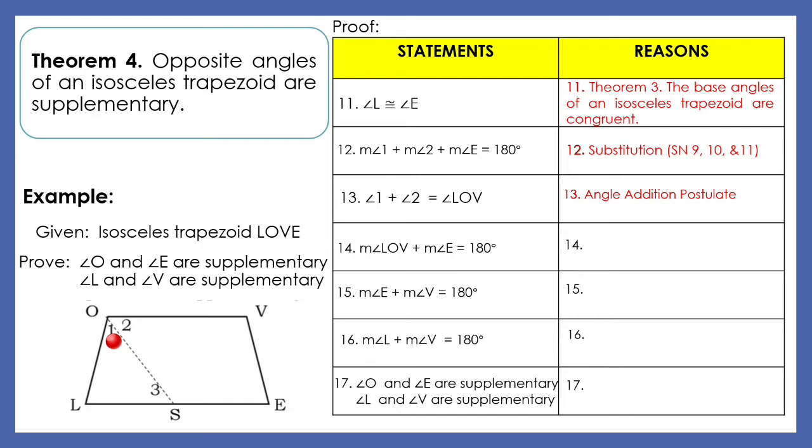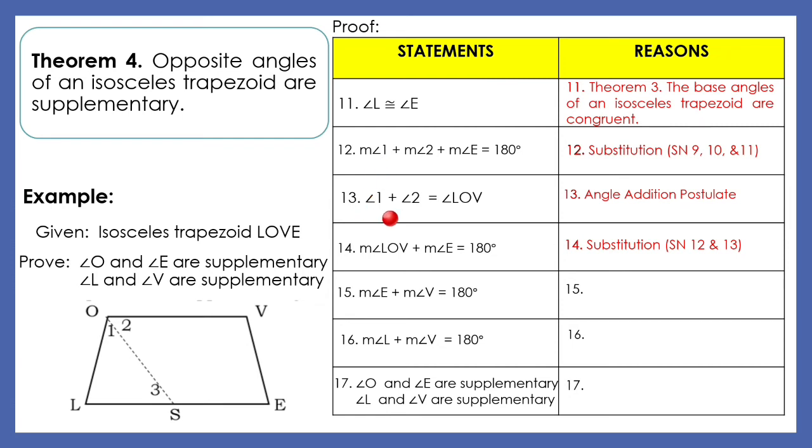For statement number 14, the measure of angle LOV plus measure of angle E equals 180 degrees. So, ano yung ating isa-substitute? Mula dito sa ating statement number 12 at saka statement number 13.